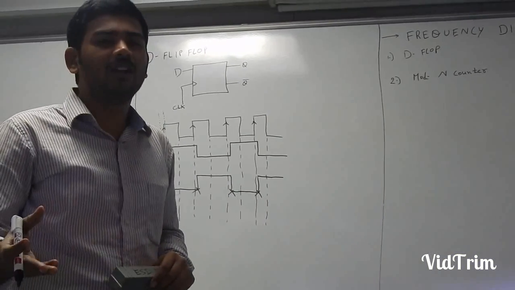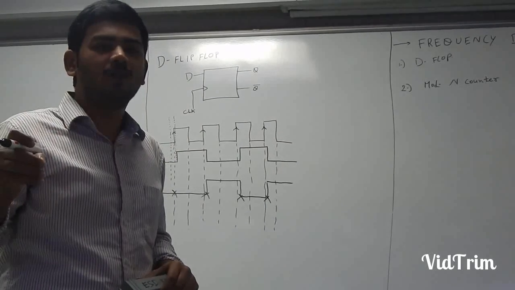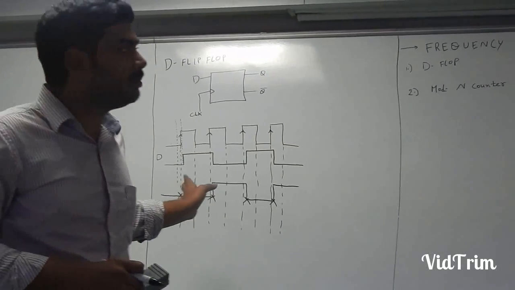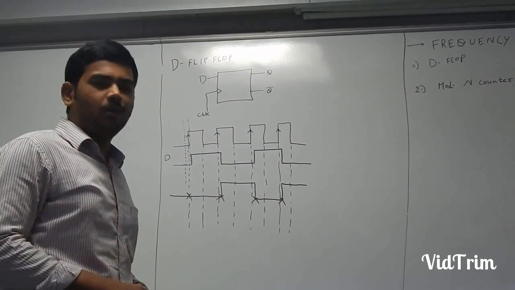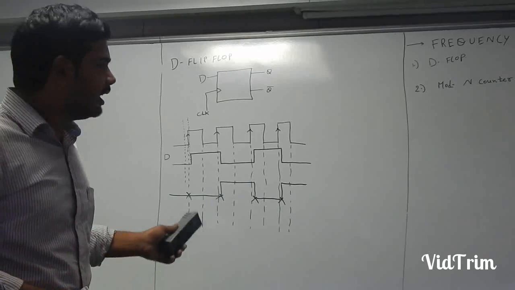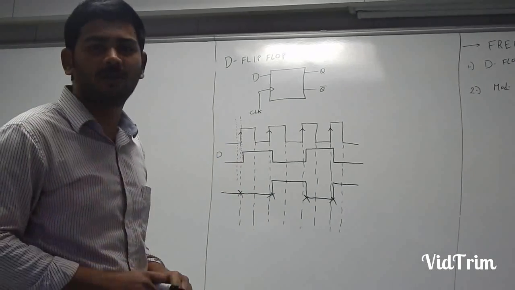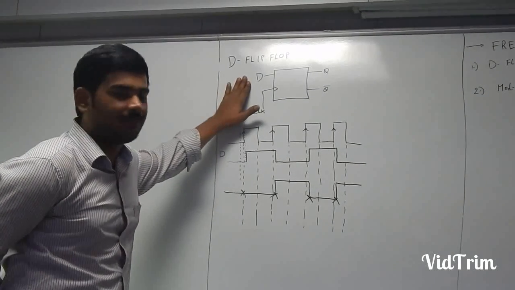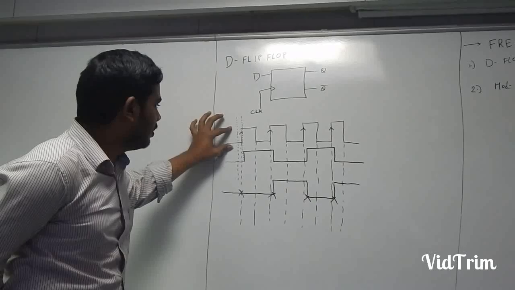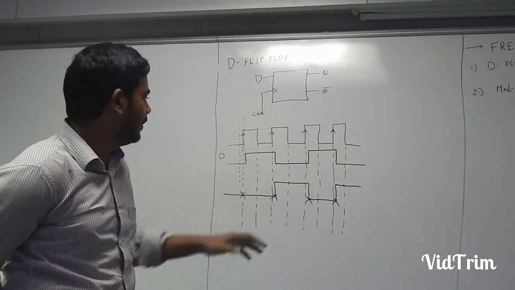To help you understand why we use this concept in the frequency divider circuit, I'm going to show you with a simple waveform how this flop gives a clock pulse delay. This is a D flop, this is my clock pulse, and I'm triggering it on the positive edge, not the negative edge.